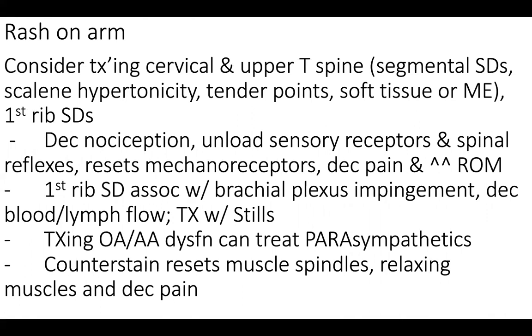So let's talk about a rash on someone's arm. Let's say we're treating the cervical and upper spine. So there's going to be segmental, like let's say there's scalene hypertonicity, tender points or soft tissue. Let's say there's a dysfunction of the first rib.